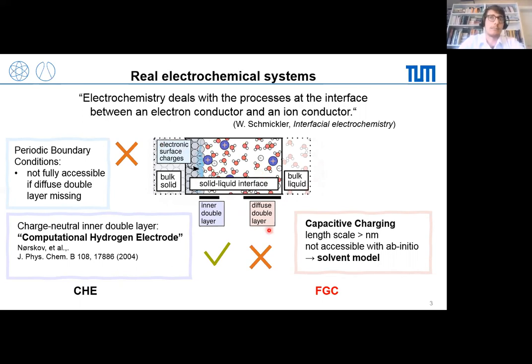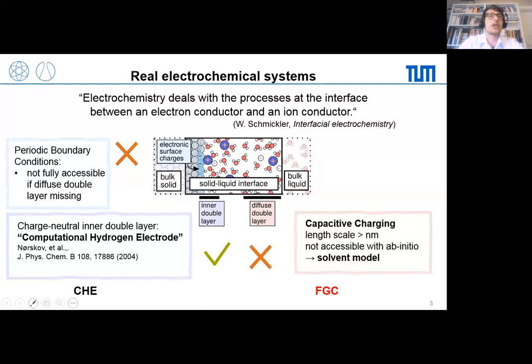The calculations that I will talk about today are calculations where we have such an implicit continuum solvation model, which allows charging of this double layer, or introducing excess electrolyte charges, which in effect also allows us to change the number of electronic surface charges. And this is my definition of the two different approaches I want to talk about.